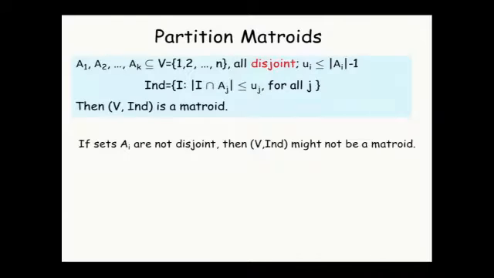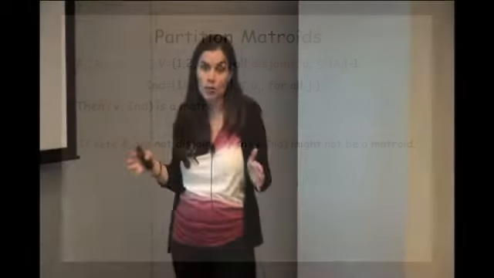The independent sets are those subsets of the ground set with the property that the cardinality of the intersection between I and Aj is upper bounded by Uj for all j. One can easily verify that if the sets A1 through AK are disjoint, we get a matroid. However, if the sets are not necessarily disjoint, then we might not get a matroid.